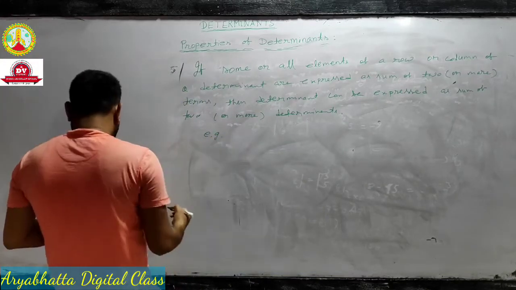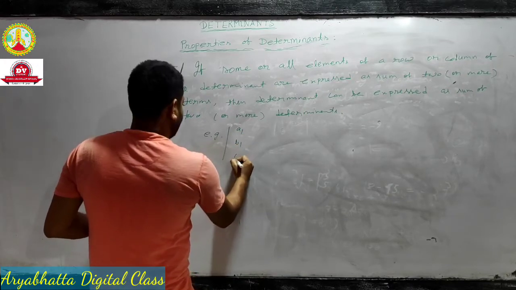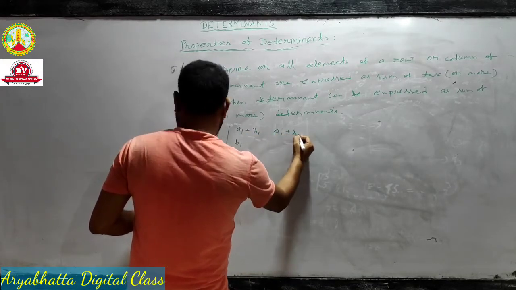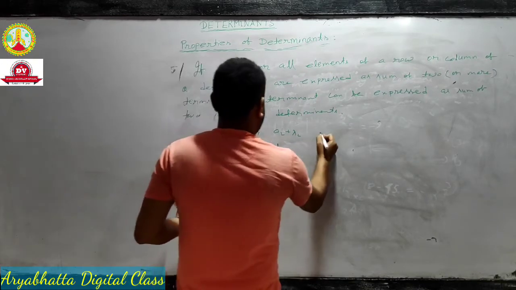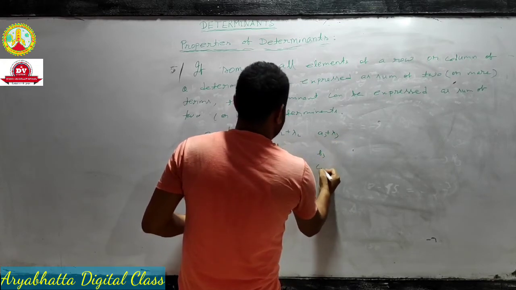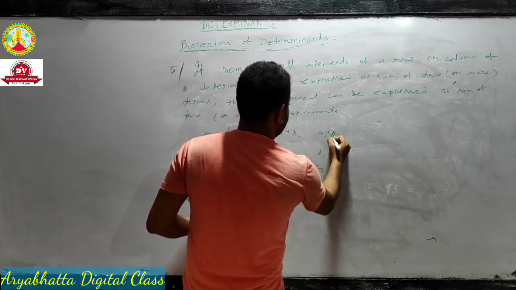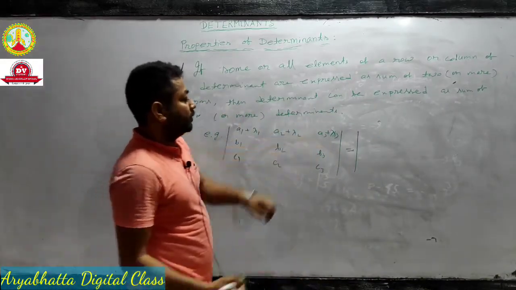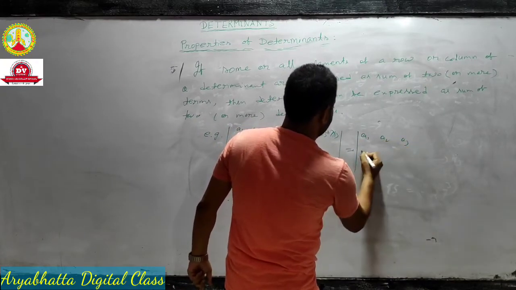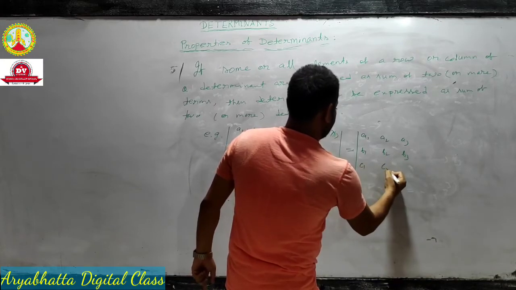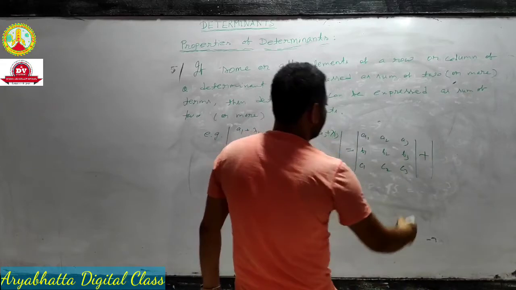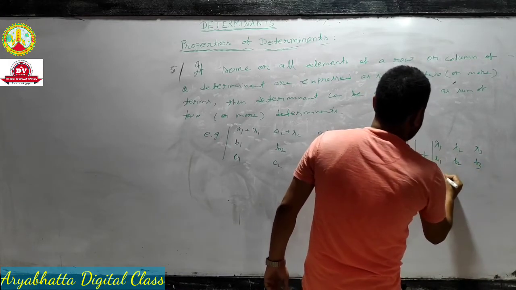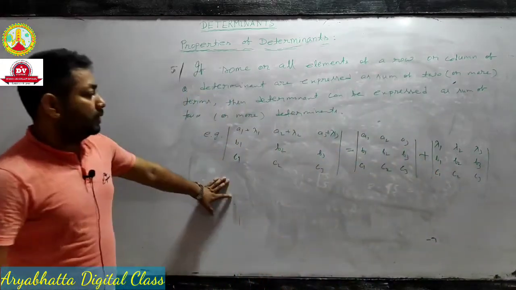For example, the determinant with first row A1, B1, C1 plus lambda 1, second row A2 plus lambda 2, B2, C2, and third row A3 plus lambda 3, B3, C3, is equal to the determinant with columns A1, A2, A3, B1, B2, B3, C1, C2, C3, plus the determinant with columns lambda 1, lambda 2, lambda 3, B1, B2, B3, C1, C2, C3. This is equal to this.